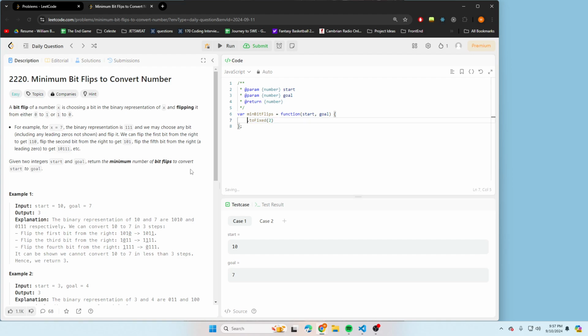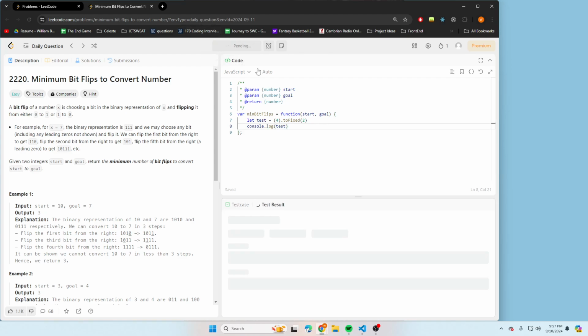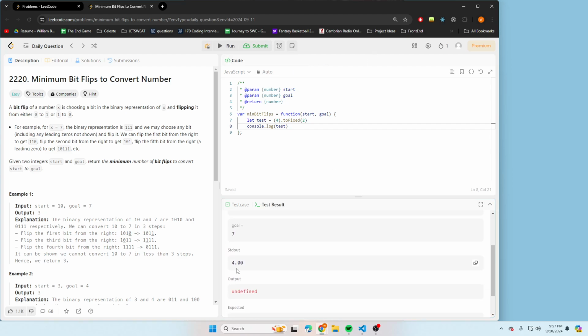So I'll just say 4. That equals to undefined. toFixed.